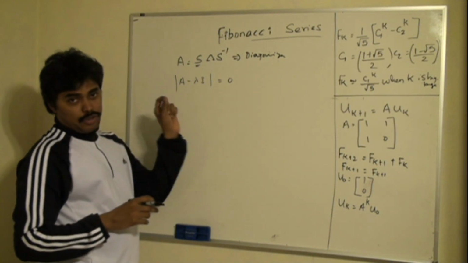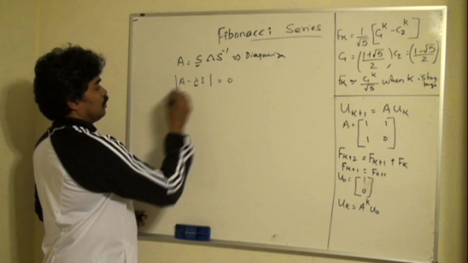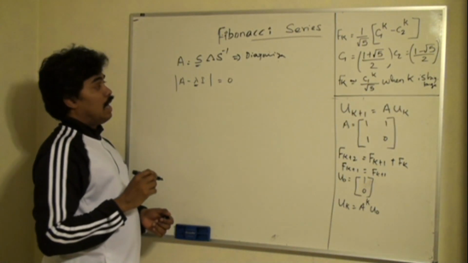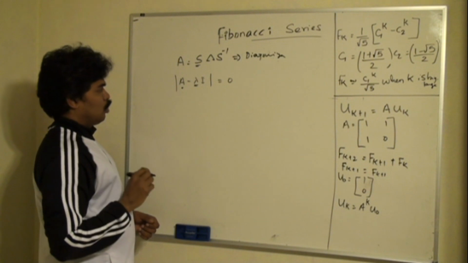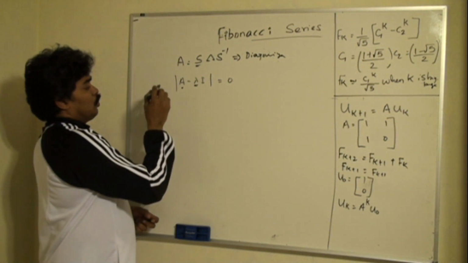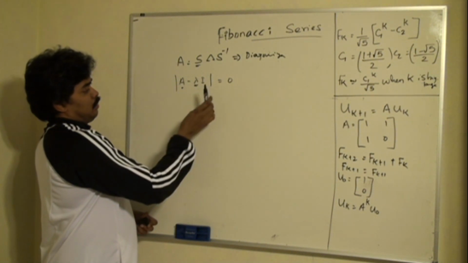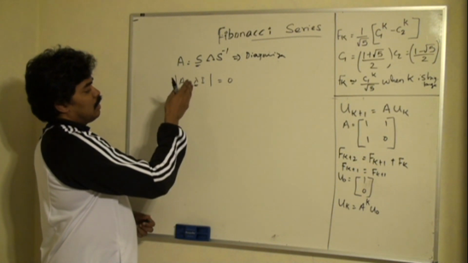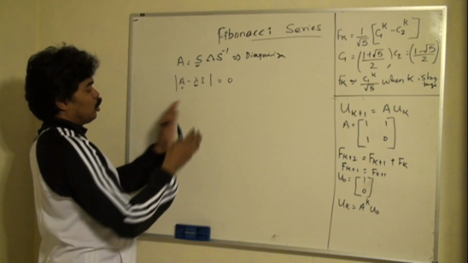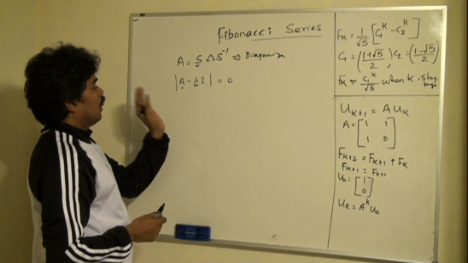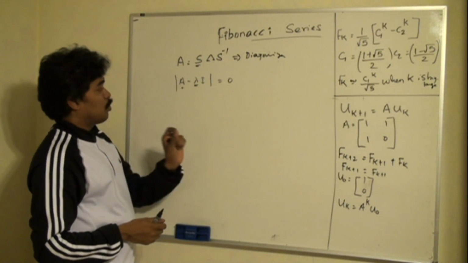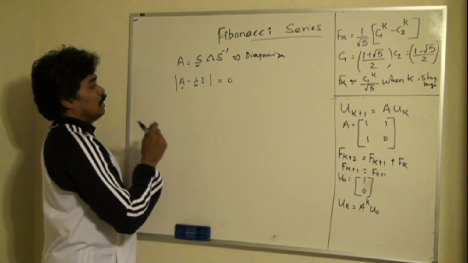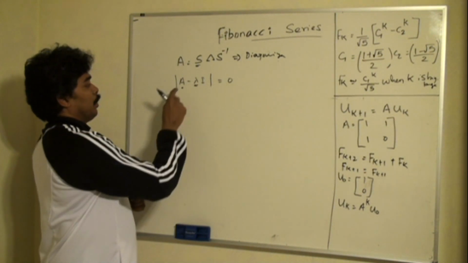If you solve the characteristic polynomial for lambda, then that lambda is the eigenvalue of the matrix A. So I repeat one more time. If you equate the determinant of A minus lambda I to 0, that is a characteristic polynomial, and if you solve it for lambda, then that lambda is the eigenvalue of the matrix A.